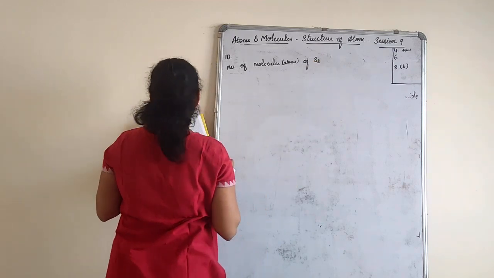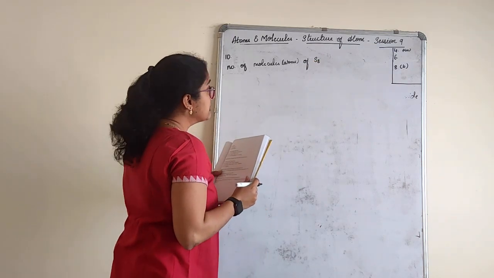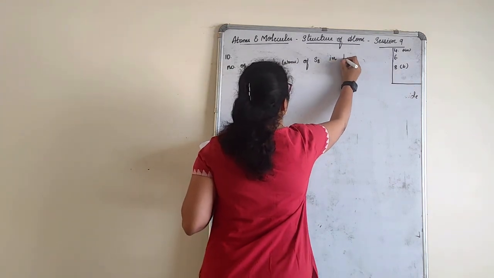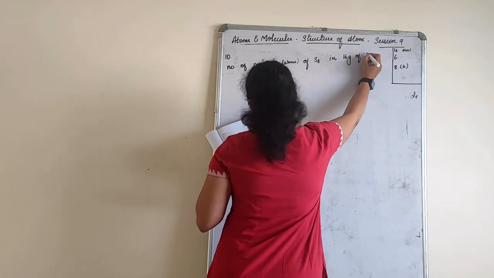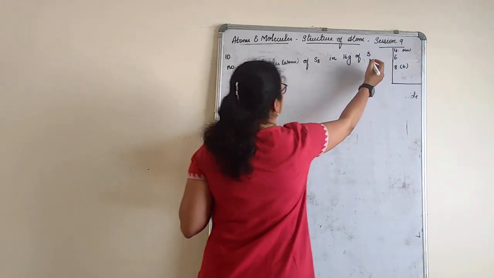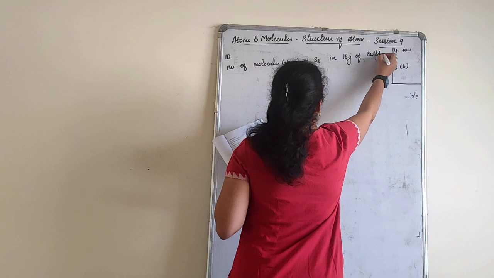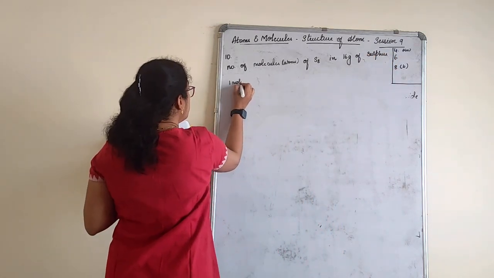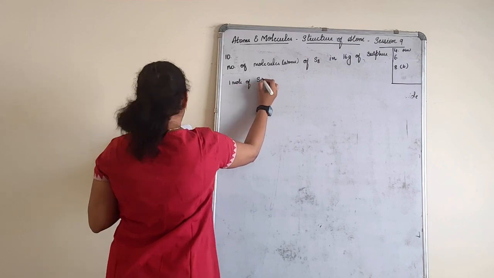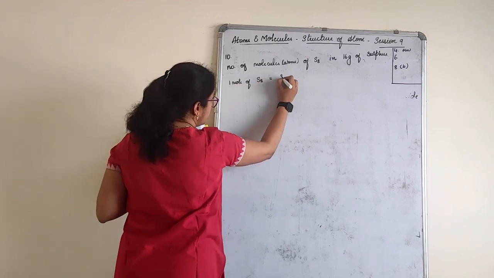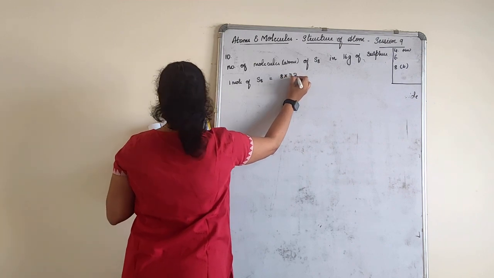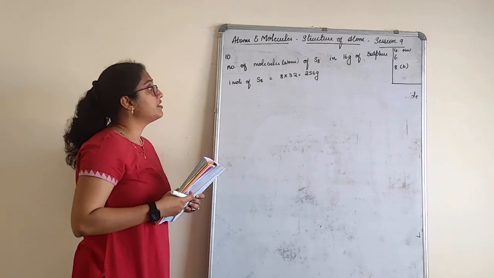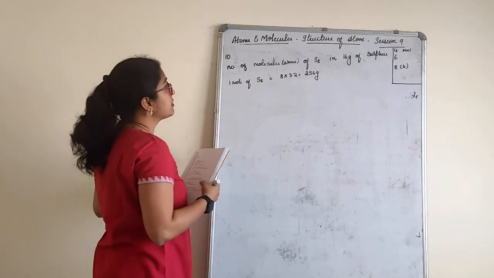Sulfur is represented as S8, present in 16 grams of sulfur. Okay, first of all, 1 mole of sulfur is equal to 8 into sulfur is 32, children. So this is 256 grams. 1 mole of sulfur molecule contains 256 grams.